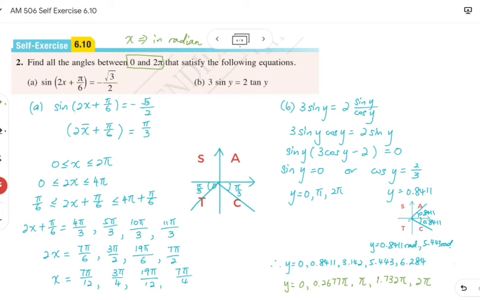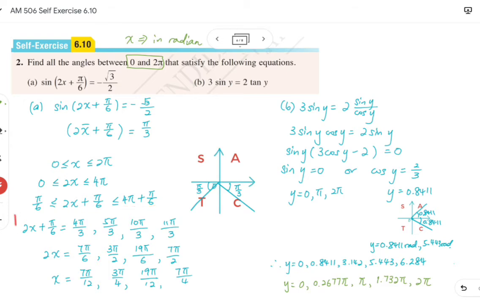Then, because of the 2x plus pi over 6 here, we need to find the domain for our solution, which is 2x plus pi over 6. From the x given, from 0 to 2 pi, 2x will be from 0 to 4 pi. Therefore, 2x plus pi over 6 will be 0 plus pi over 6, which is from pi over 6 to 4 pi plus pi over 6.